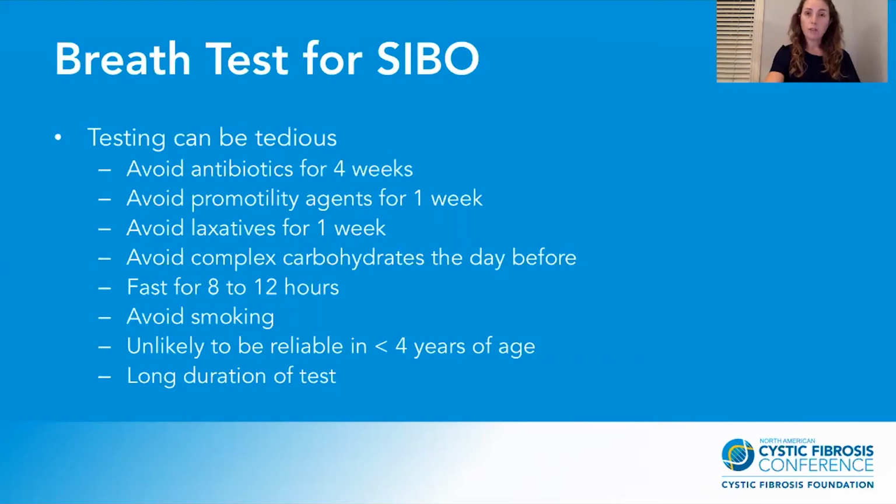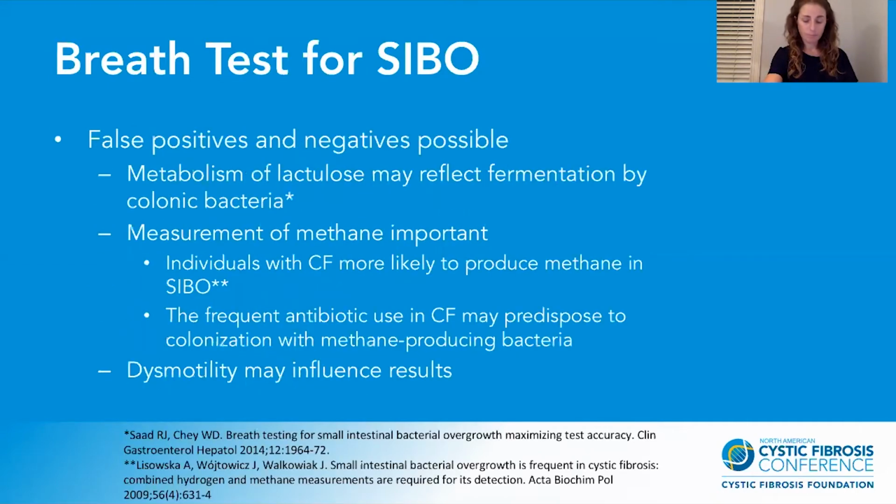We typically do not schedule children less than 4 years of age for breath testing because of compliance issues. The test itself is long. Typically, breath samples are obtained every 15 minutes for 2 to 4 hours, so patients are usually encouraged to bring something to do to pass the time.